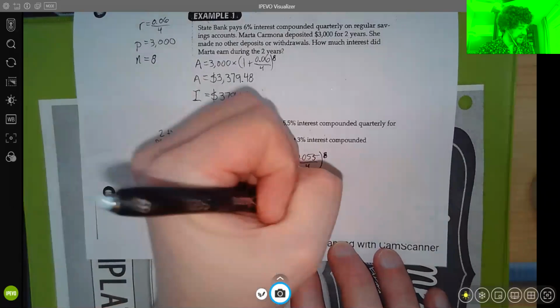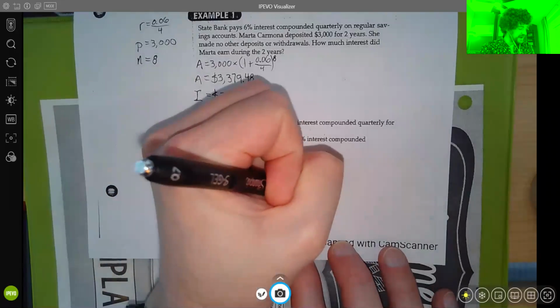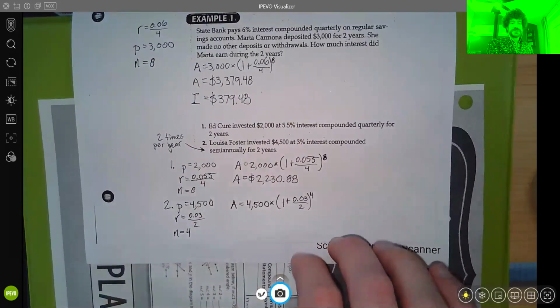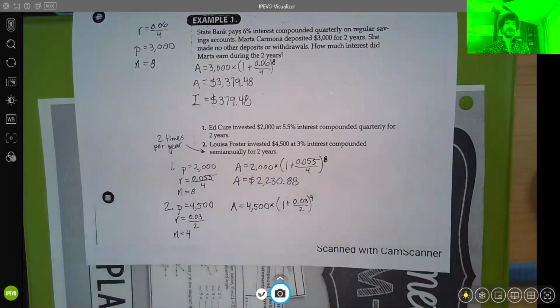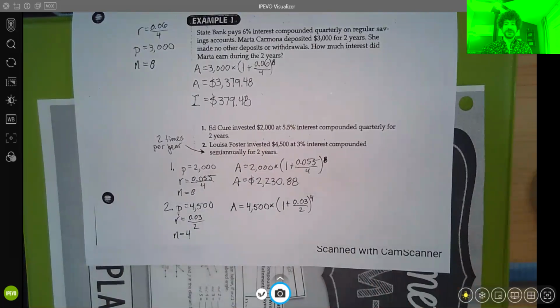So let's try it this time. Hopefully you can see that now. So go to the Desmos calculator, type this in now, and then once you get an answer for it, let me know what you end up with. That's what we're doing.